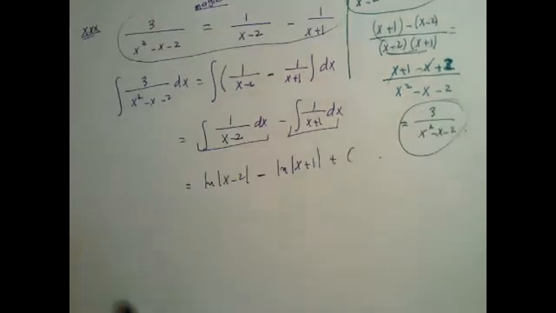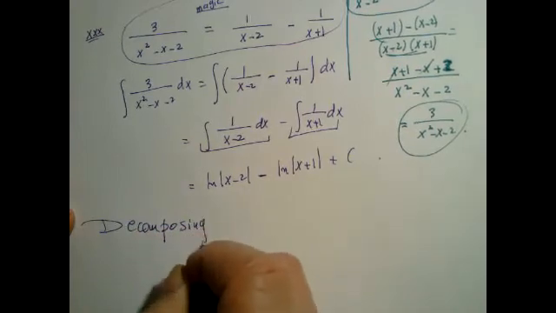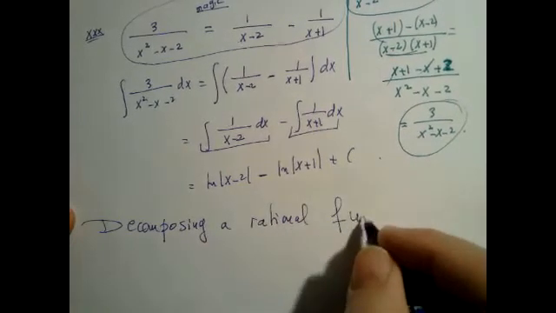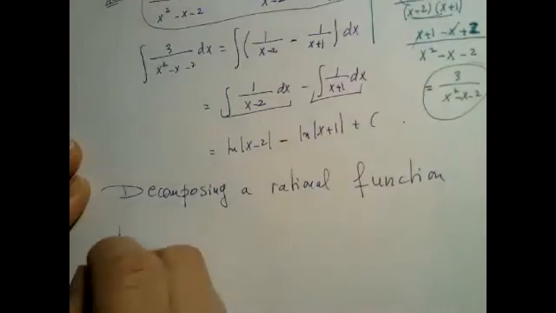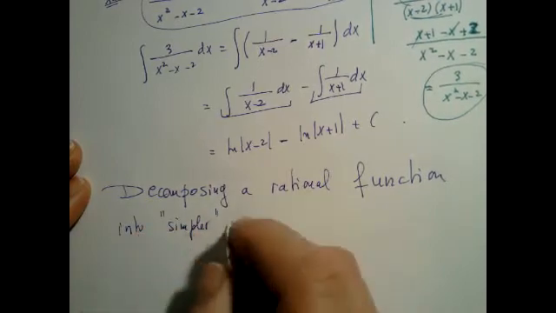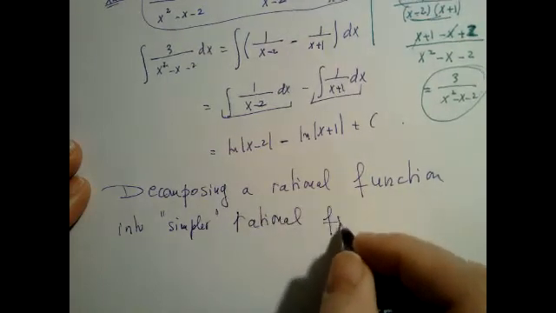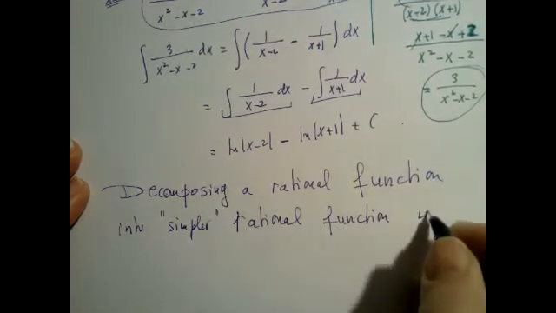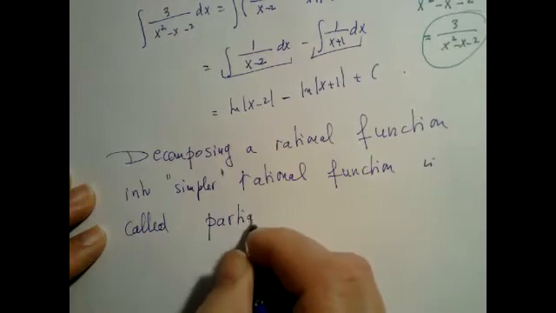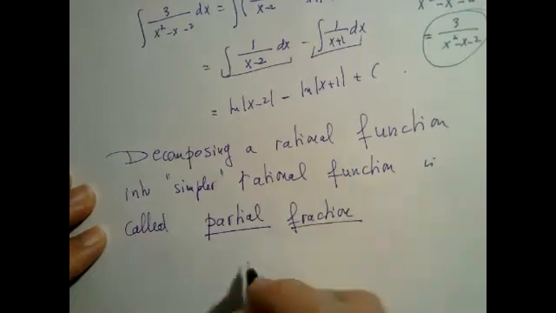All right. So decomposing a rational function into simpler, and by simpler I mean something we can integrate, simpler rational functions, is called partial fraction decomposition.